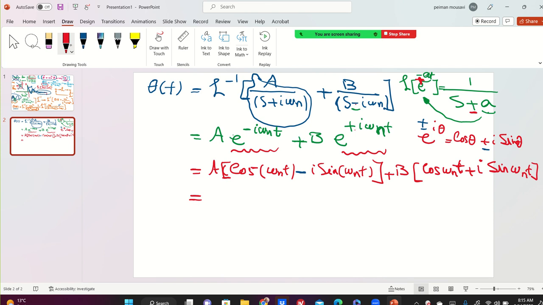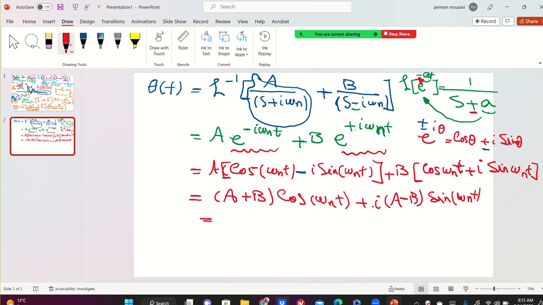So you're going to have at the end (a plus b) cosine omega_n t plus i (a minus b) sine omega_n t.